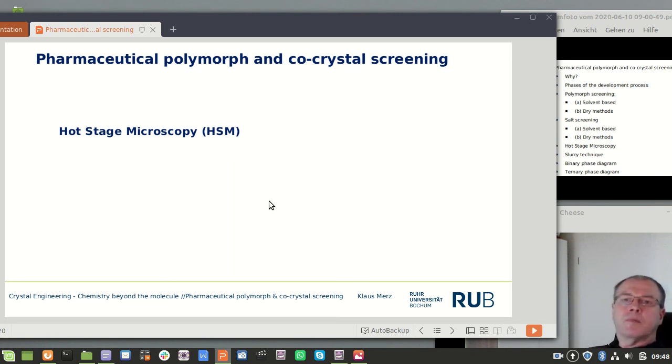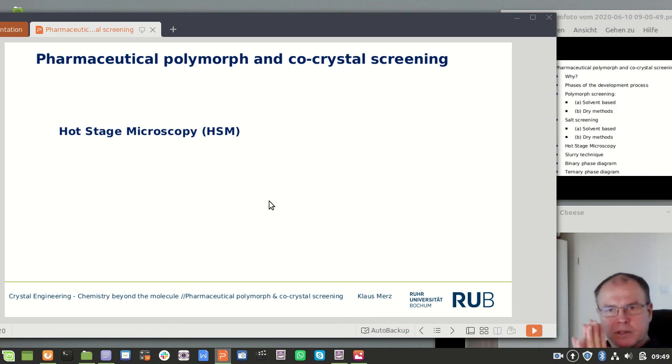And you remember, I've shown you how you can use DSC to learn more about the crystallization process and melting process of your compound, and how you can use DSC to check if maybe a co-crystal is formed or not.